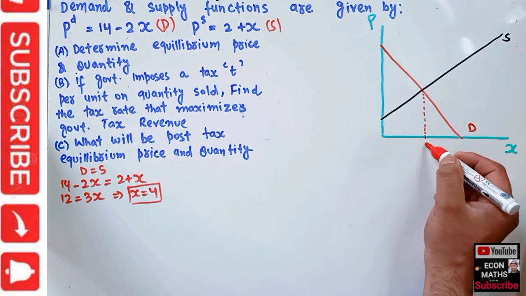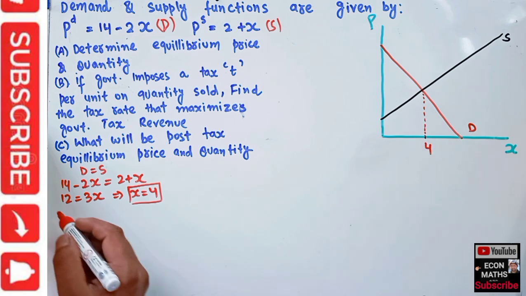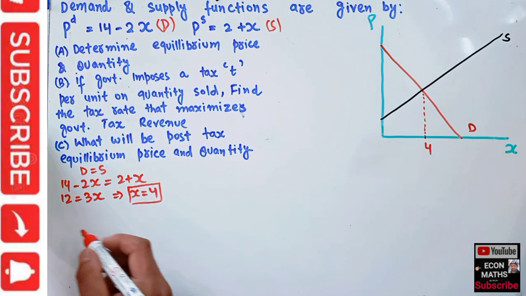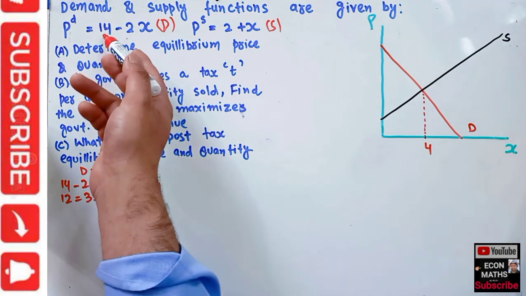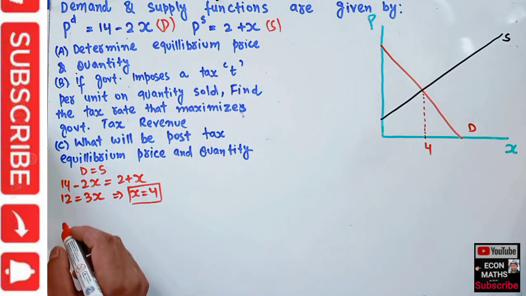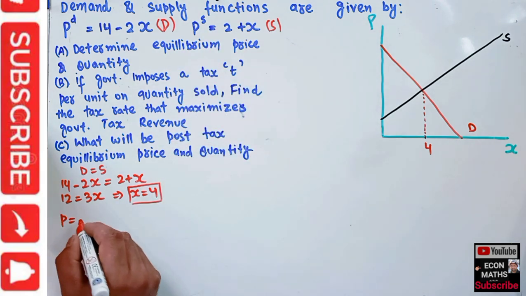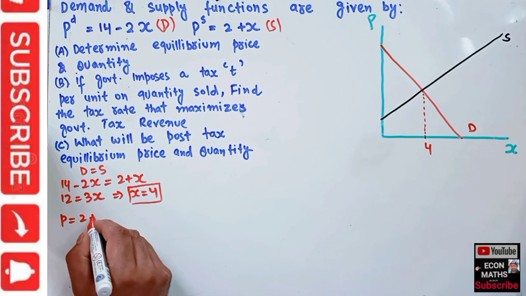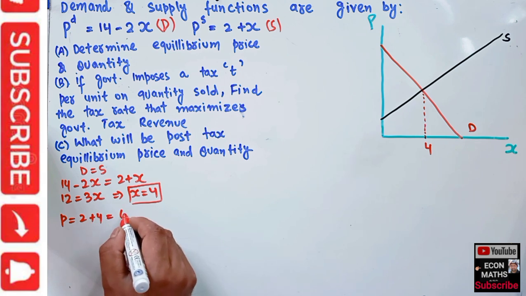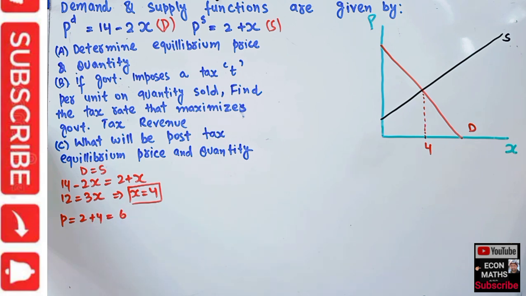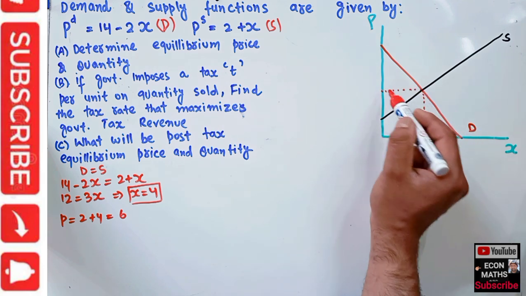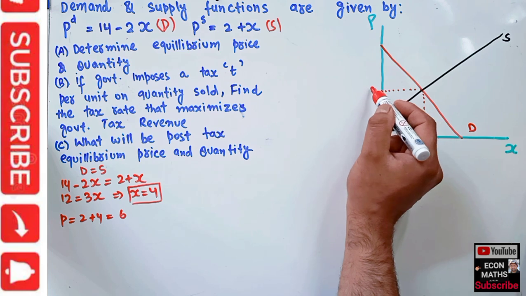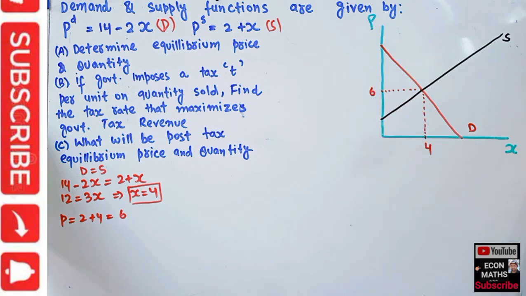Initially 4 units are being supplied at a price of, to find the equilibrium price, simply plug the equilibrium quantity into either the demand or supply function. Let's put it into the supply function. That means P will be equal to 2 plus 4, which is equal to 6. So initially the equilibrium quantity and price are 4 and 6, rather price and quantity are 6 and 4 respectively.